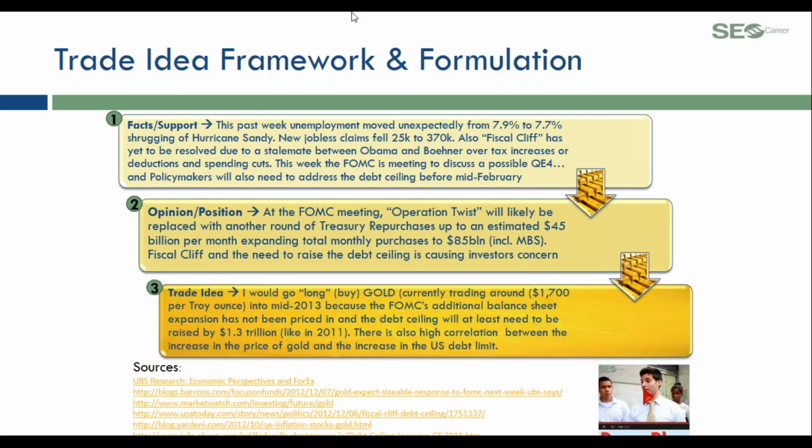And then this is the trade idea. Based on the facts and what I think is going on or upcoming in the market, I would long gold, or buy gold, currently trading at $1,700 per ounce, into mid-2013, because the FOMC's additional balance sheet expansion has not yet been priced in, and the debt ceiling will at least need to be raised by 1.3 trillion, as in 2011.